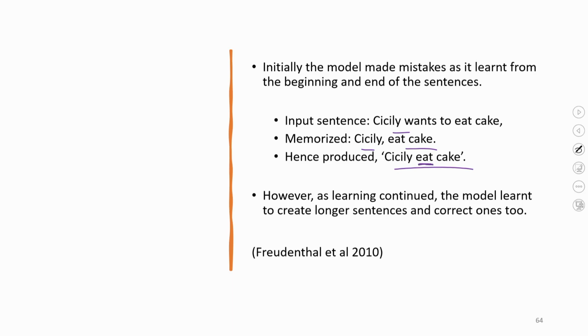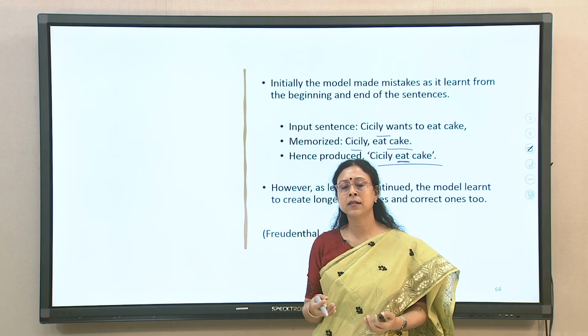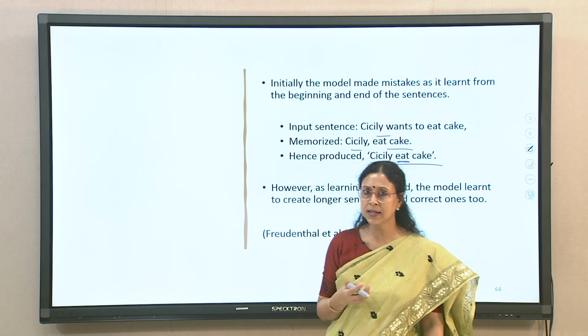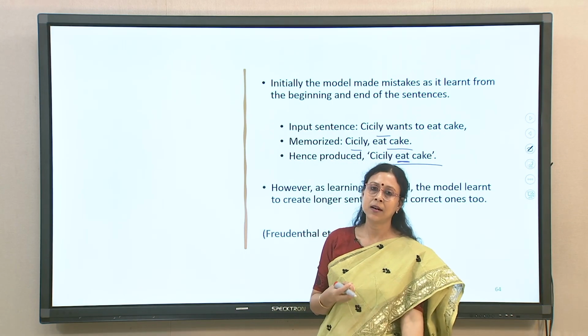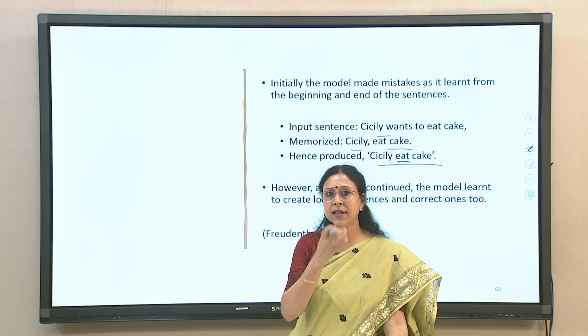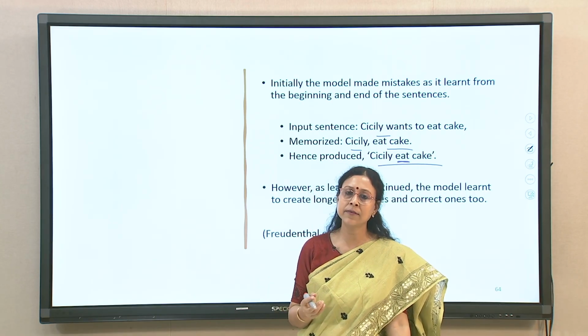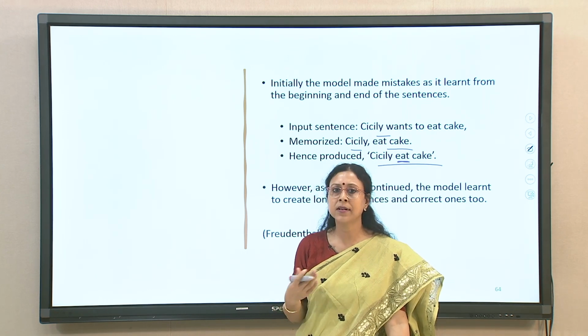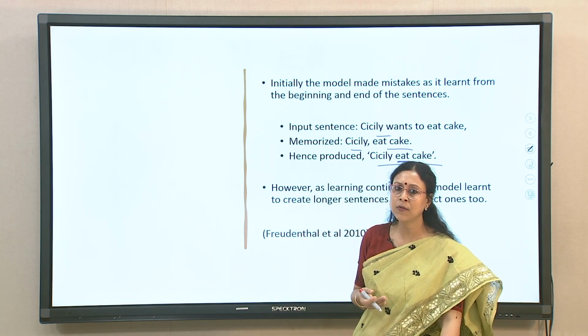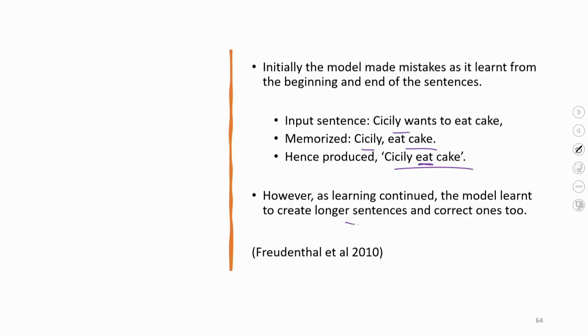Initially the model made mistakes like this, but after some time, as the learning continued, meaning the system had more inputs to work on, through testing, trial and familiarization, the model went through that kind of process. The more the training data, the better it got. Over a period of time the model learned to create longer and correct sentences with the proper inflection that was required.